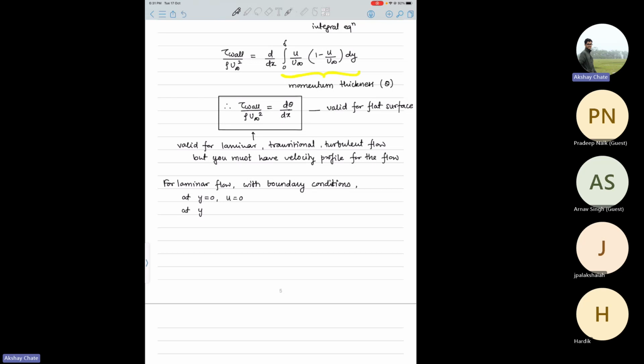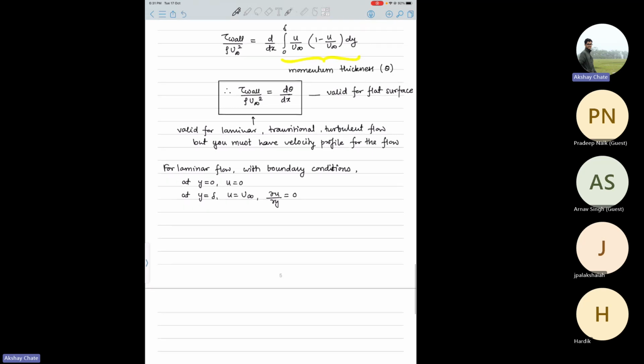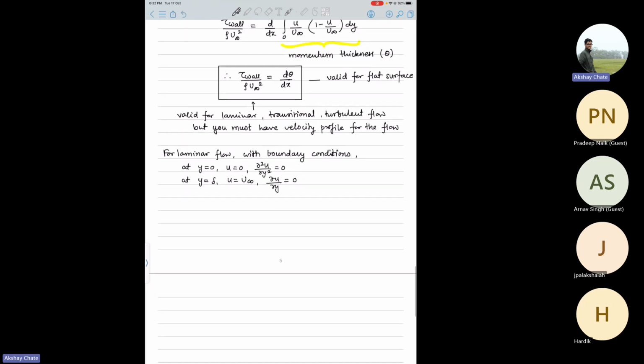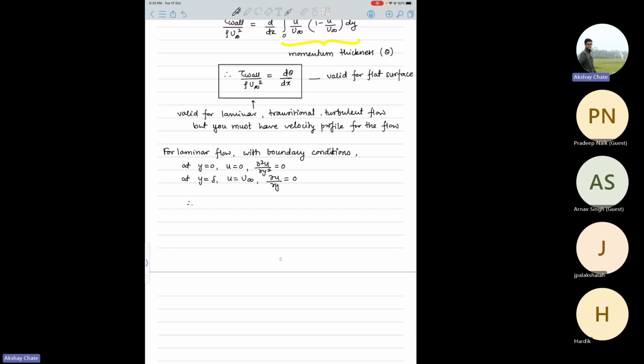At y equal to delta, u equal to u infinity, and del u by del y equal to 0. And at y equal to 0, you have another boundary condition, which was second derivative 0. So using these boundary conditions, we had arrived at the velocity distribution within the boundary layer, which was something like this.